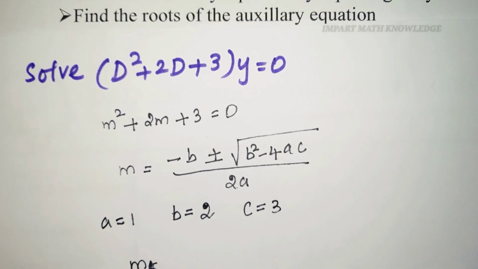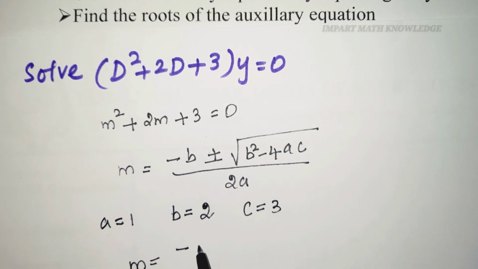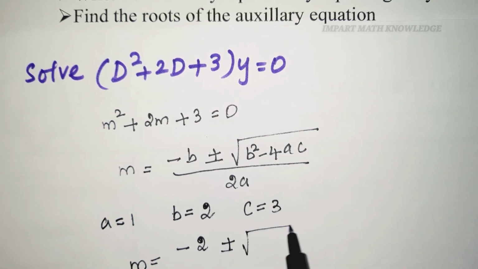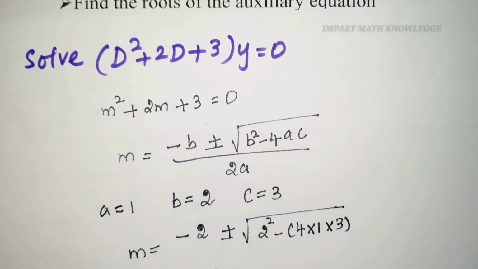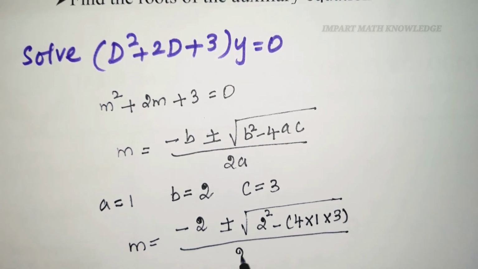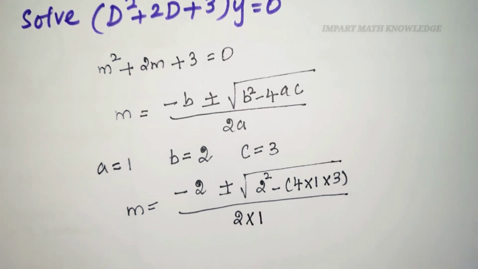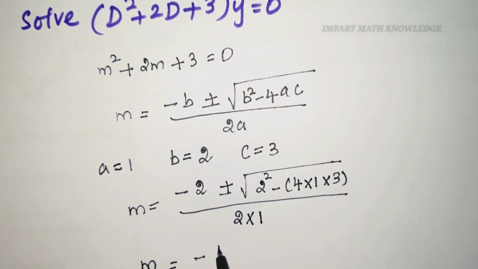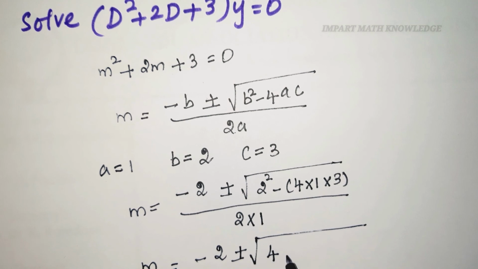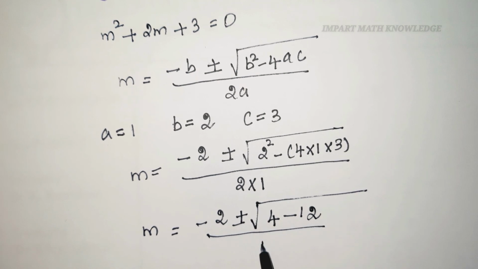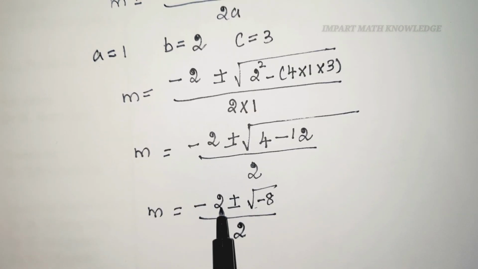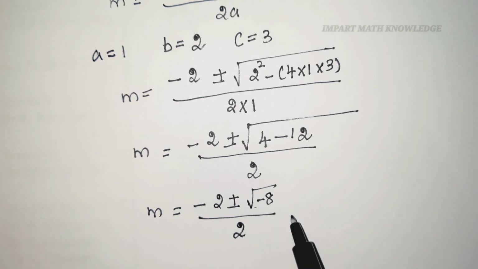m equals (minus b, value is 2, plus or minus root of 2² minus 4, a value is 1, c value is 3) divided by 2 into a value 1. Now m equals (minus 2 plus or minus square root of 4 minus 4 into 3, which is 12) divided by 2. m equals (minus 2 plus or minus root of minus 8) divided by 2.